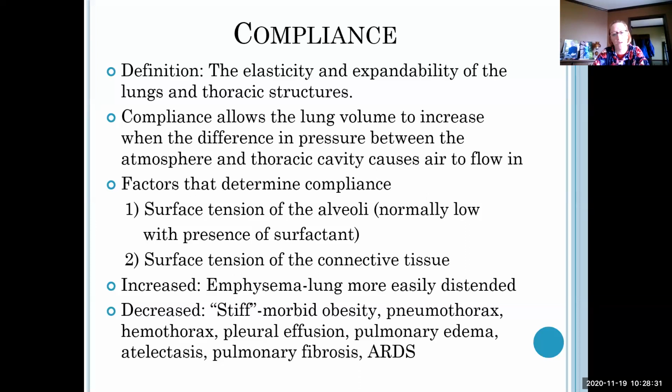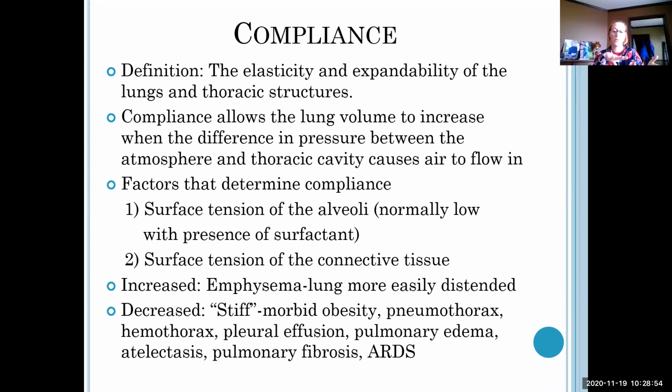Factors that determine compliance are the surface tension of the alveoli, which is normally low with the presence of surfactant, and the surface tension of the connective tissues. Increased compliance would be our patients with emphysema, because they've lost the elasticity and are more easily distended. So the lungs are very compliant with emphysema.